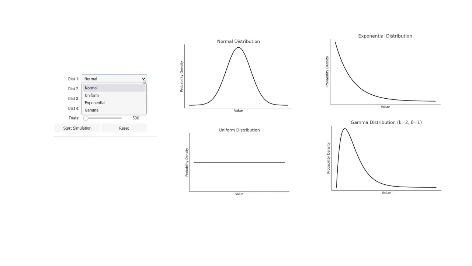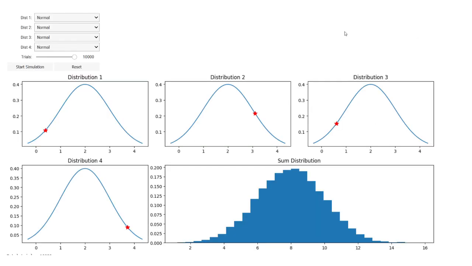Now, obviously, if we start with normal distributions for all 4 distributions, it'll be no surprise if the distribution of the sum of the values sampled from these distributions turns out also to be a normal distribution. And that's the case, as we see here.